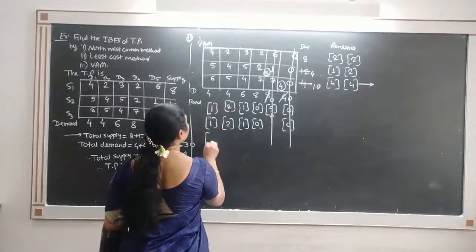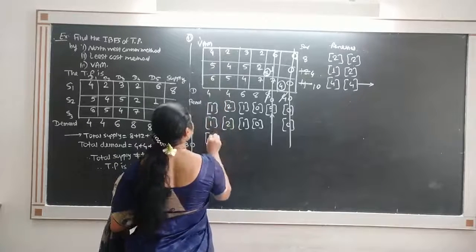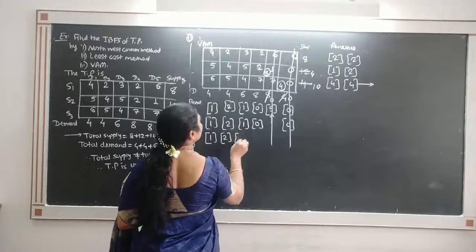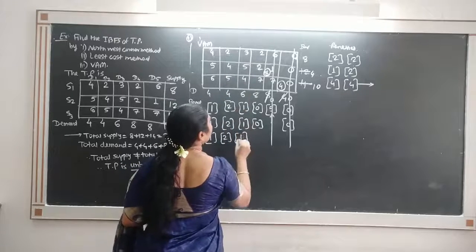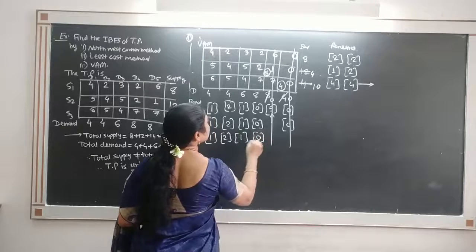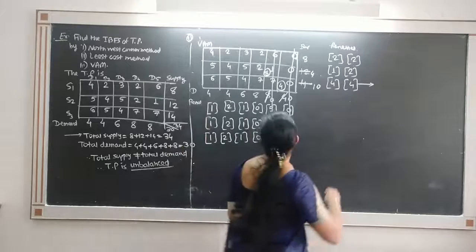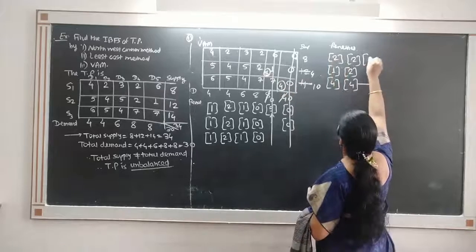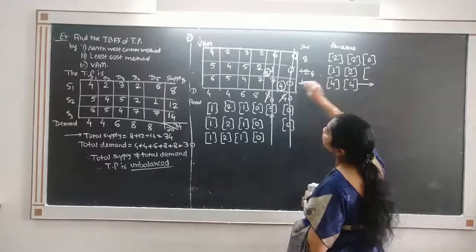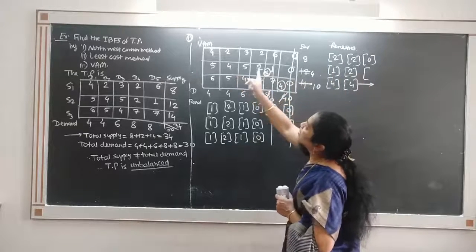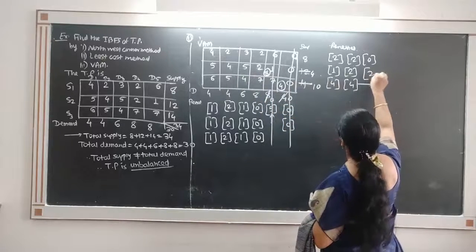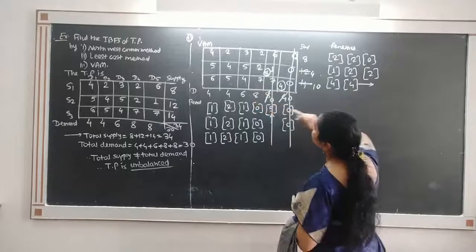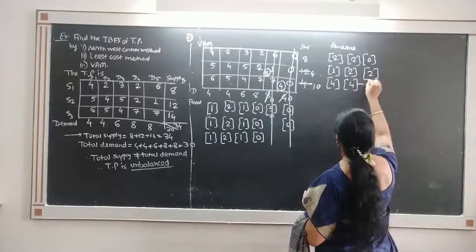Now again take the penalties. 5 minus 4, difference 1. 4 minus 2, that is 2. 4 minus 3, difference is 1. 2 minus 2, difference is 0. Then 2 minus 2, difference is 0. 4 minus 2, that is 2. And 5 minus 4, that is 1.